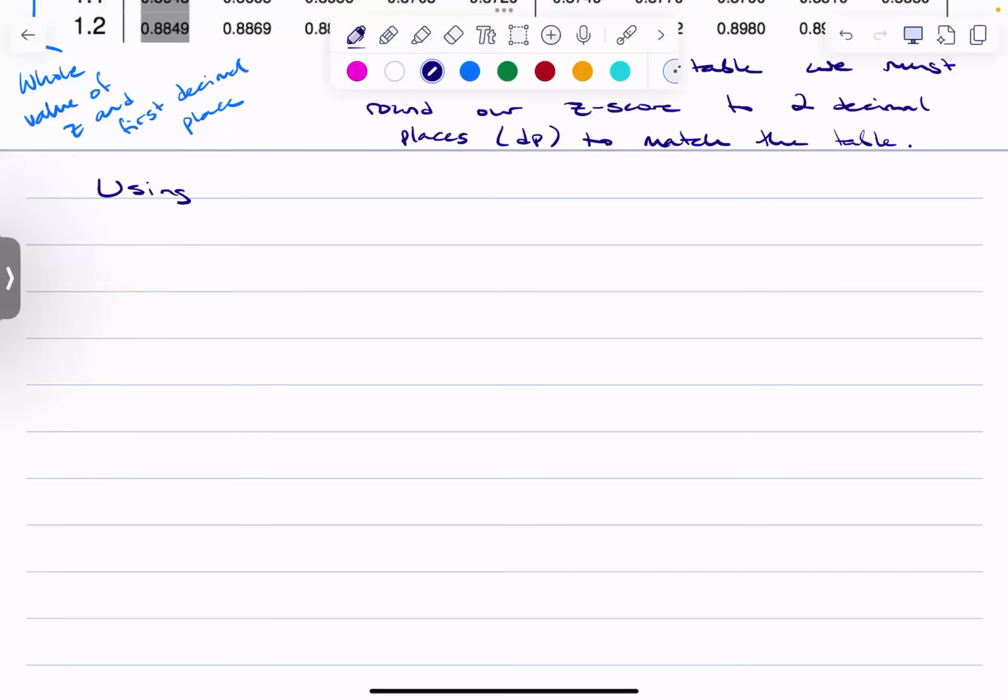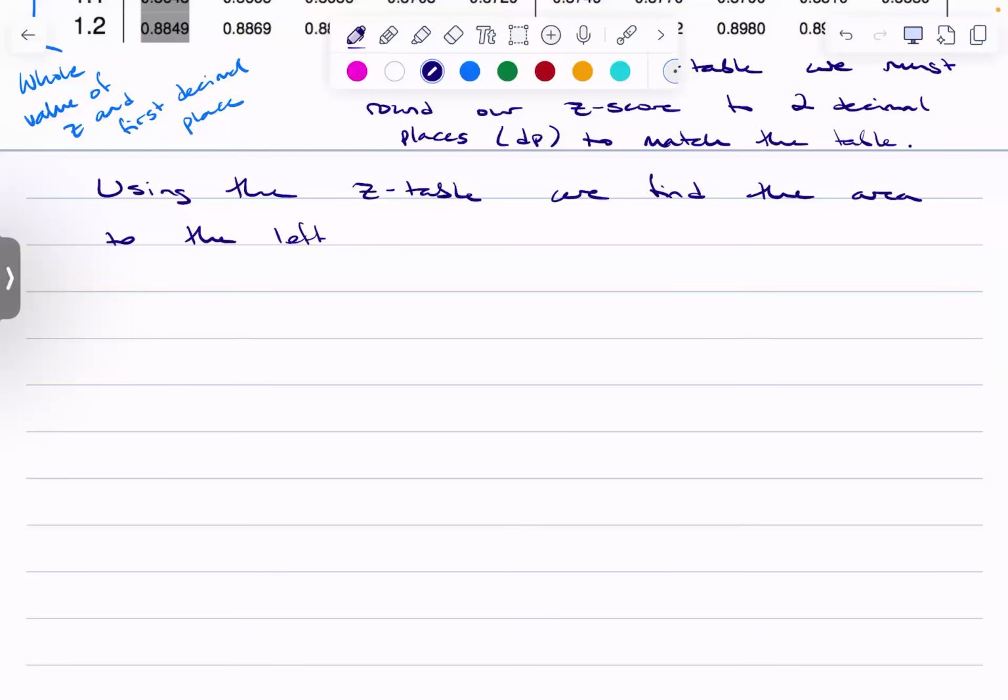Using the Z table, we find the area to the left of Z equal to 1.00, right? And I'll just tie it back to Pam's standardized score, because it's been a while.